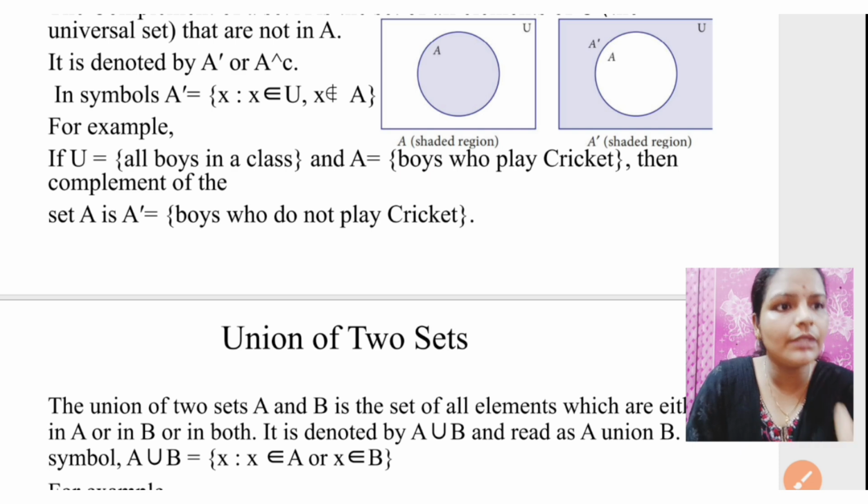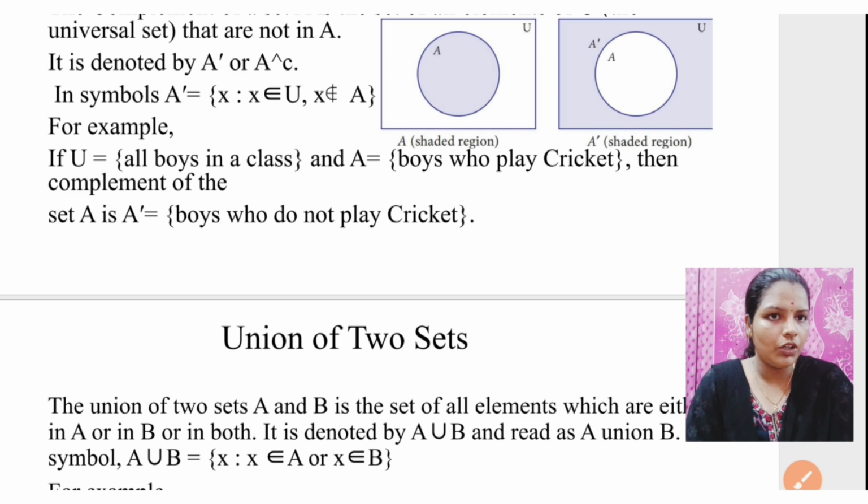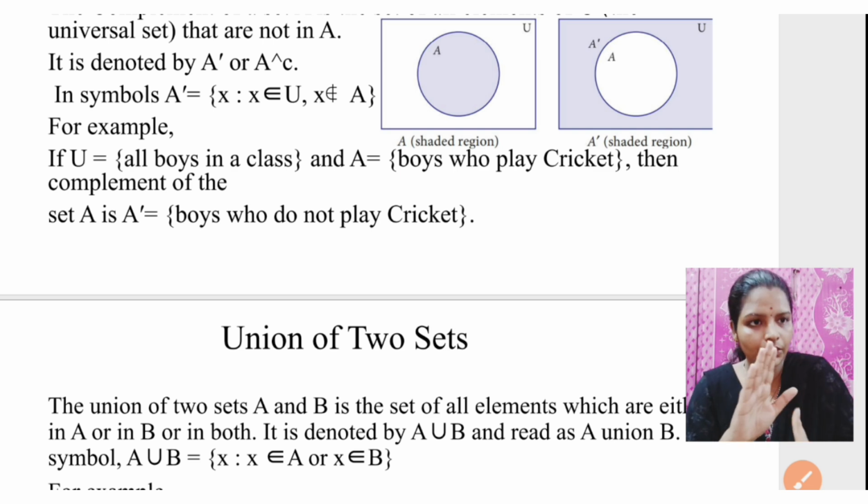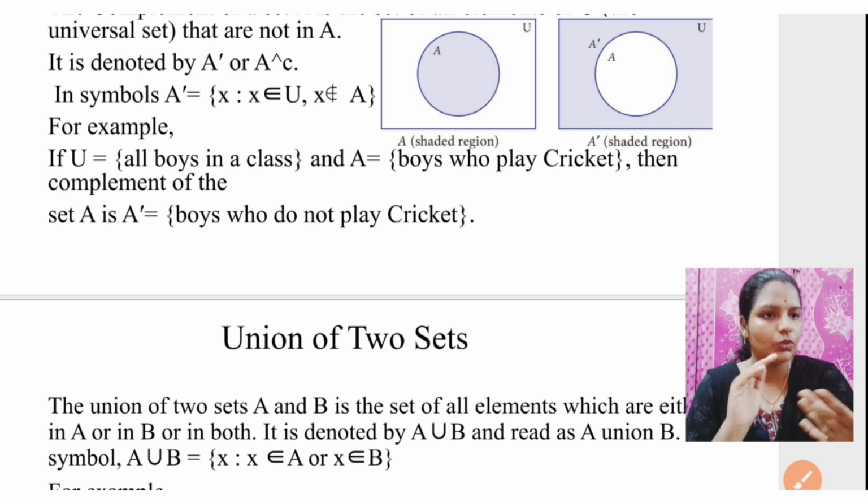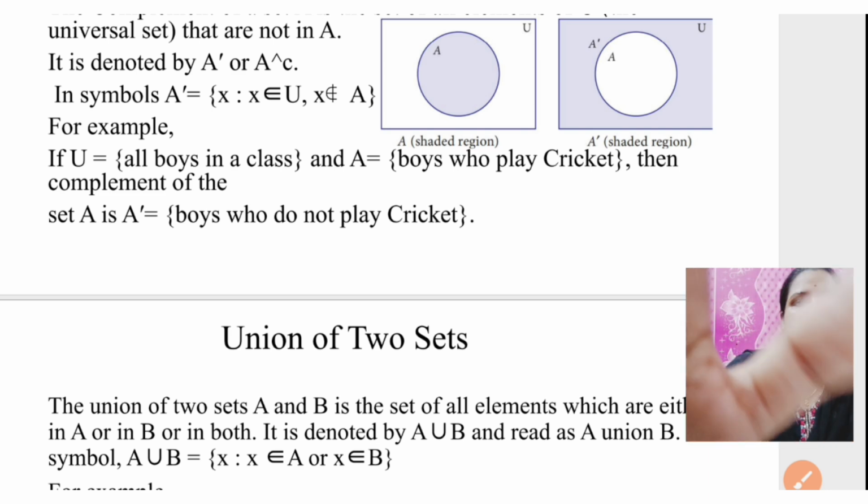That is obviously the boys who do not play cricket. In the whole class, some boys play cricket and some do not, so we remove the boys who play cricket. The remaining boys of the set U do not play cricket. So that is A complement.